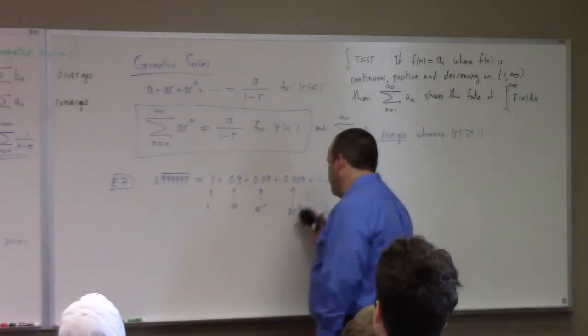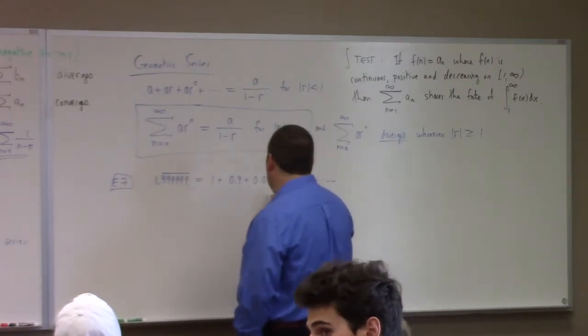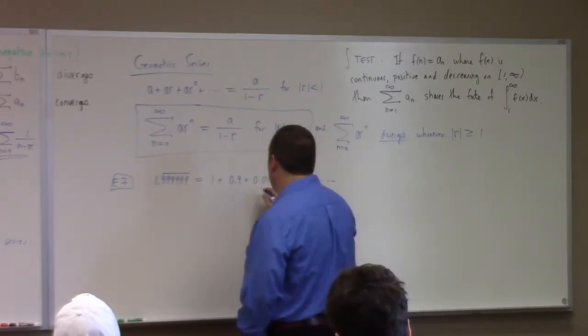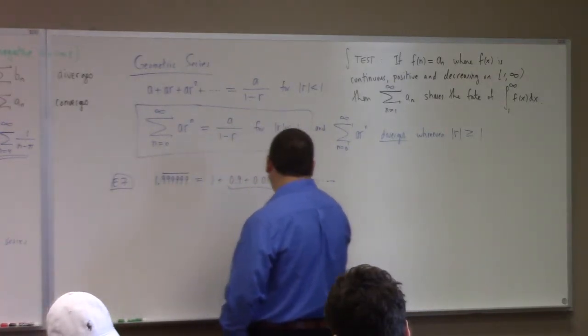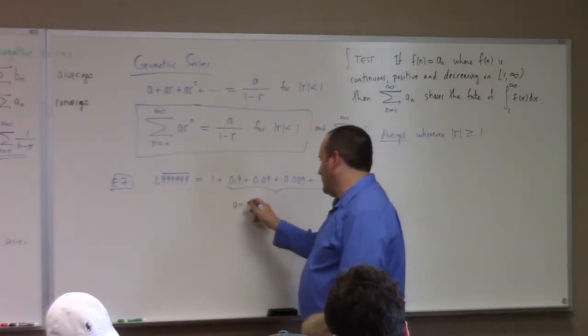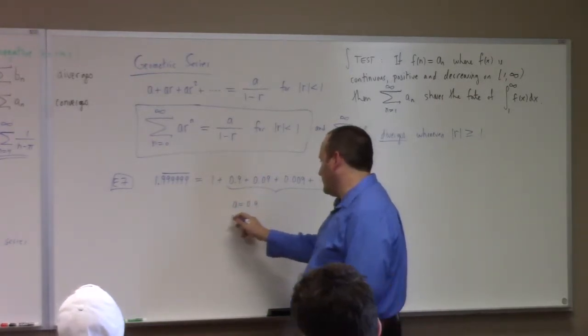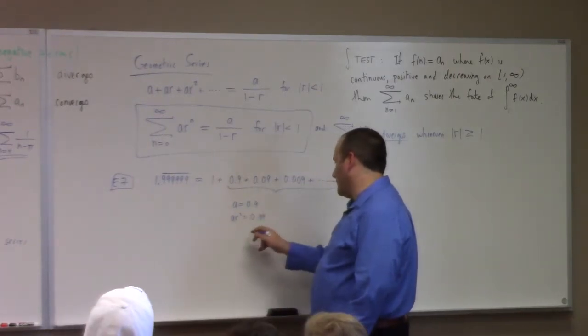So what I should do is stop being weird and just look at this piece. So here I'm going to have A equals 0.9, AR squared is my 0.09, and so forth.